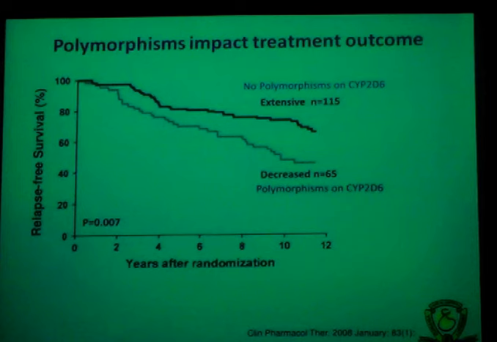What change does it make? Here is an example. Nice for doctors. If you plot the relapse-free survival for a condition against years after randomization between two groups which are polymorphic.